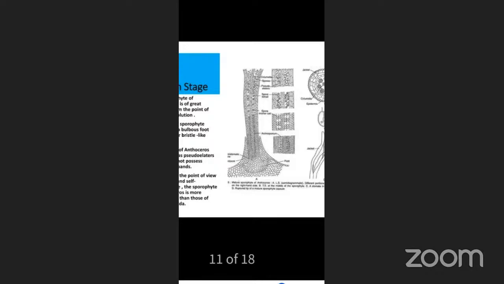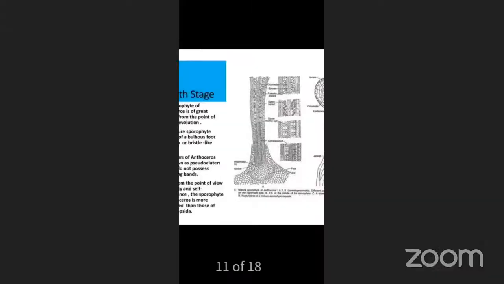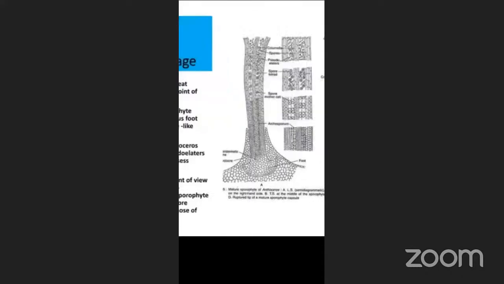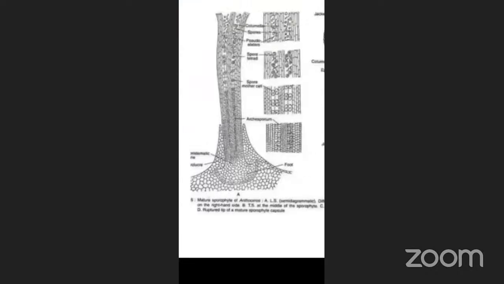From the eight-celled embryo, two tiers form, upper and lower, each with four cells. The lower tier undergoes a number of divisions to develop as the foot, a large sterile tissue. The upper tier develops as the capsule.